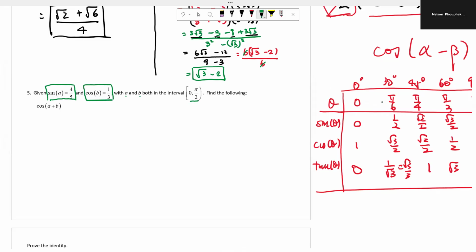I would like to find out what cosine of A plus B equals. What is my first step? Cosine of A plus B equals cosine of A cosine of B minus sine of A sine of B. So this is what we know.